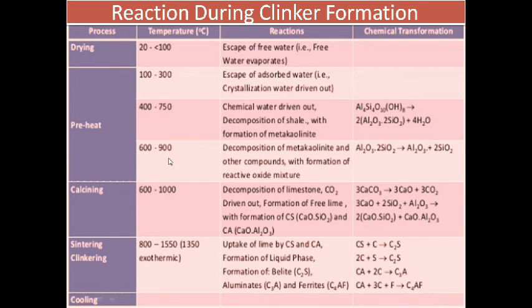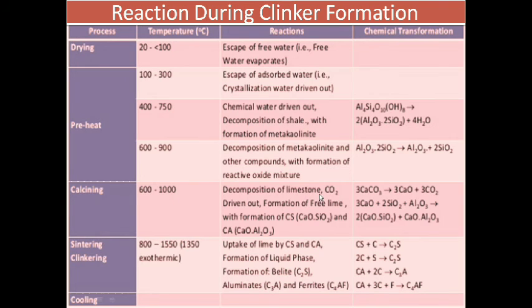At 600 to 900 degrees Celsius, there is formation of reactive oxide mixtures of alumina, that is Al2O3, and silica. Here the decomposition of metakaolinite and other compounds gives the formation of what? Oxides.